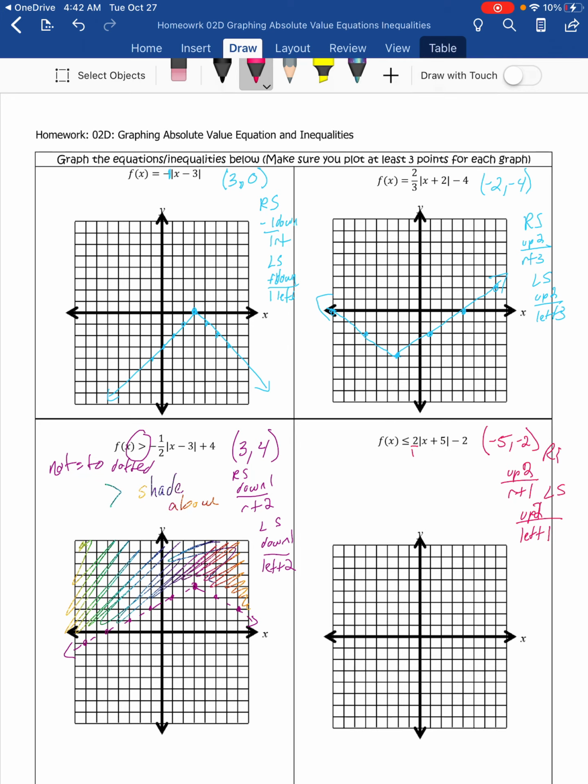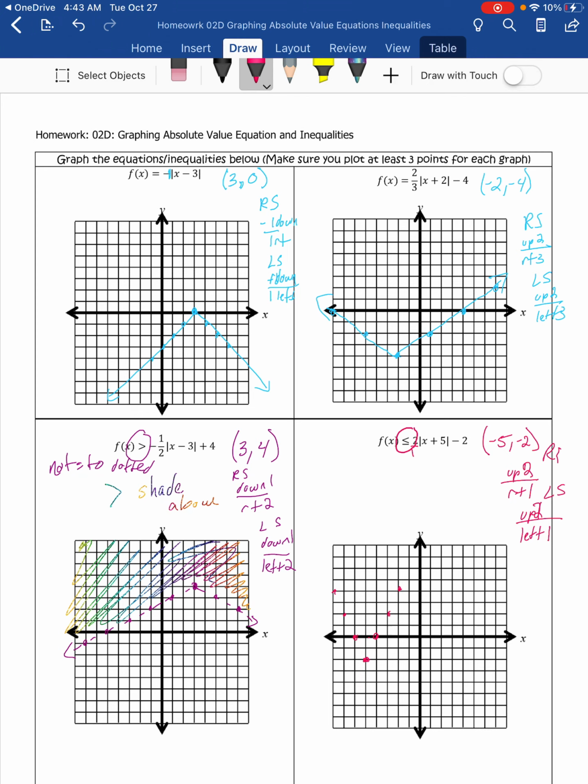So -5, -2. And in this case, I'm going to go up 2, right 1, up 2, right 1, up 2, right 1. And I go up 2, left 1, up 2, left 1, up 2, left 1.